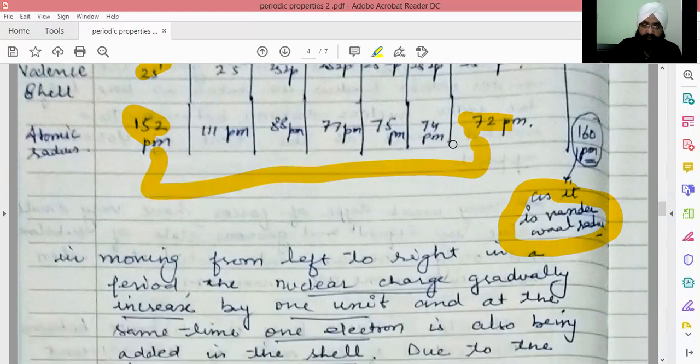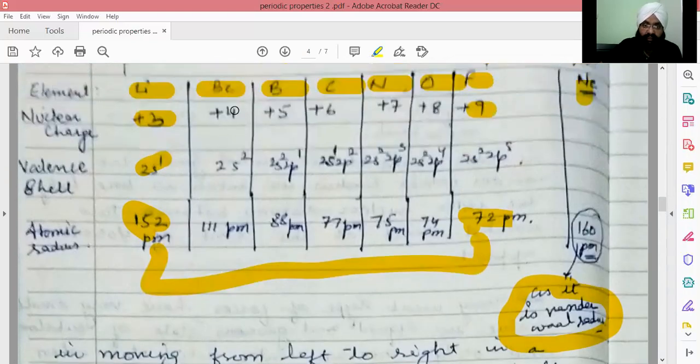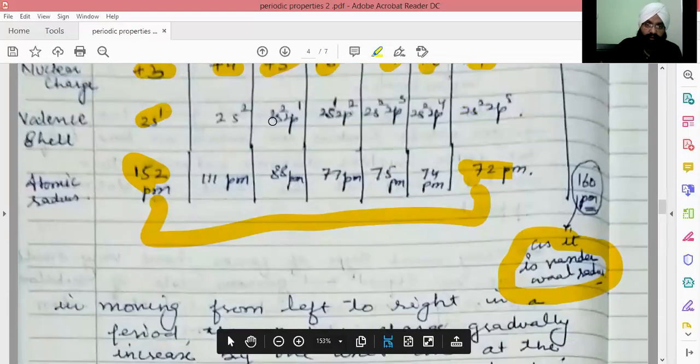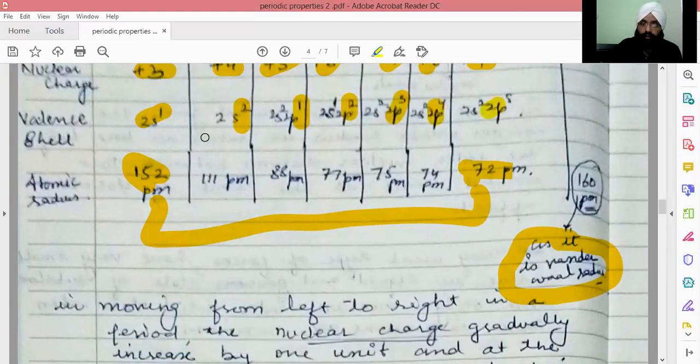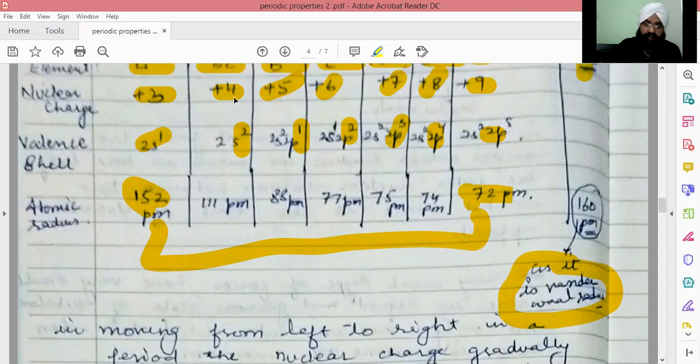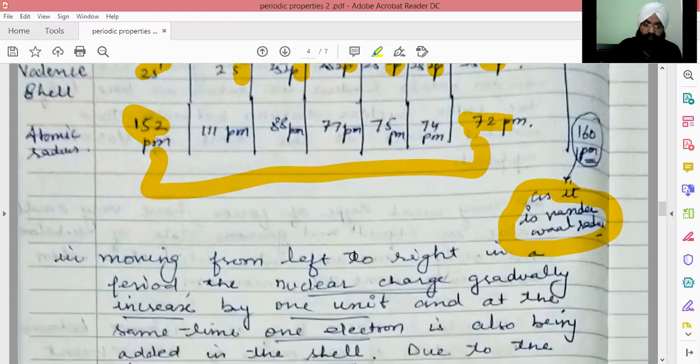So on moving left to right, there is an increase in the nuclear charge, which results in a decrease in size, because the filling of electrons is in the same shell in all the elements in a period, but the nuclear charge is increasing from one atom to another.